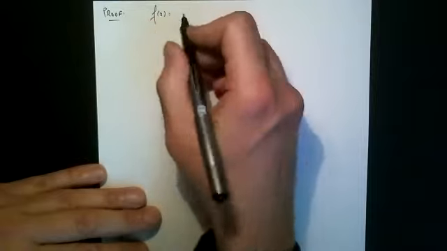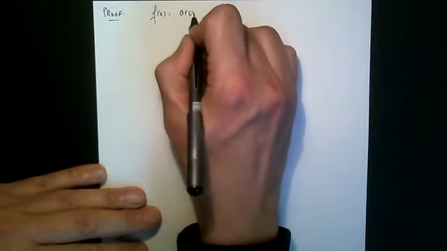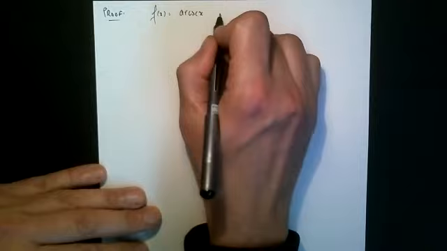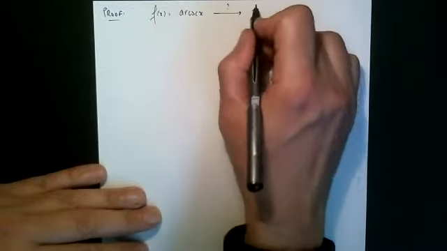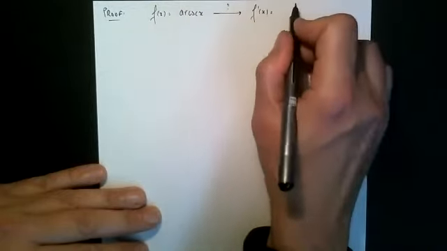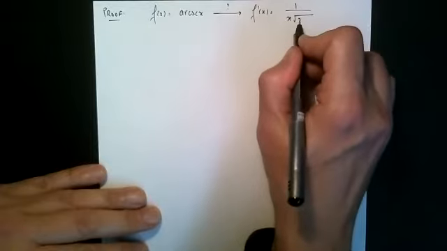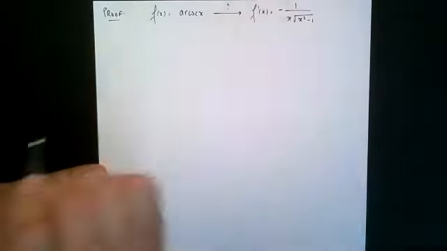Last one. So prove that if f of x is equal to the arc cosecant of x, then let's show that f prime of x is negative 1 over x root x squared minus 1.